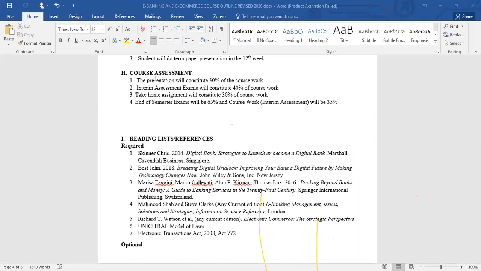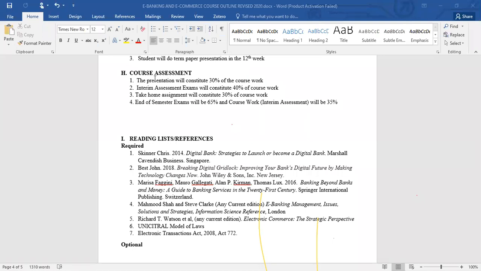It is difficult getting information on electronic banking. As for e-commerce, there are a lot of books and information on it. But for electronic banking, it normally becomes difficult. So rely on the class notes that you've been given, plus the soft copy books I'll give you.